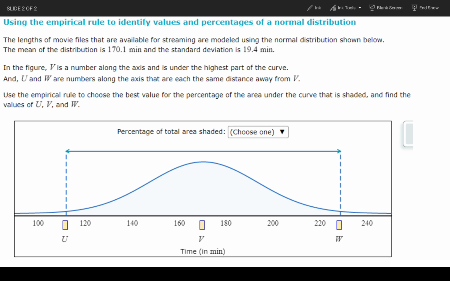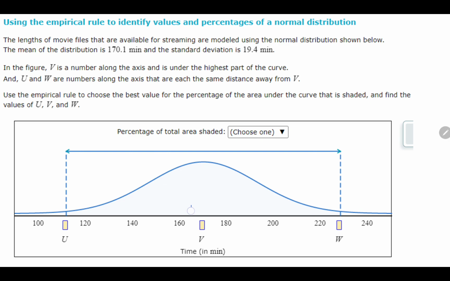The basic idea is we start with our mean. So V is going to be equal to 170.1, and that's what goes in V.